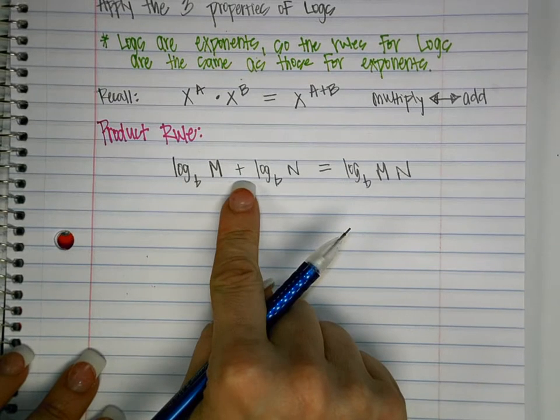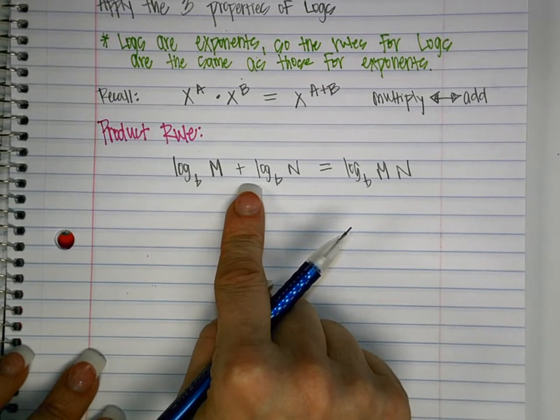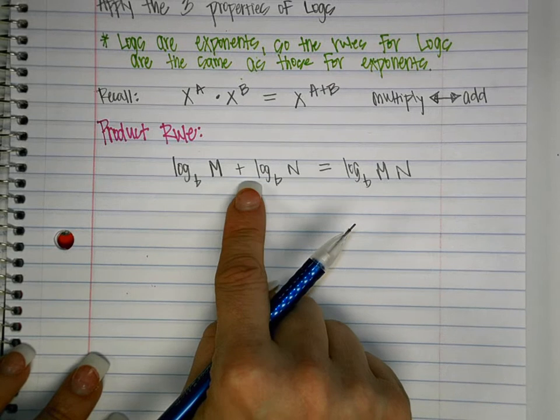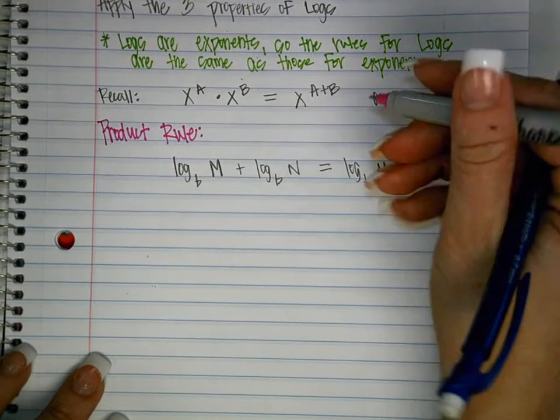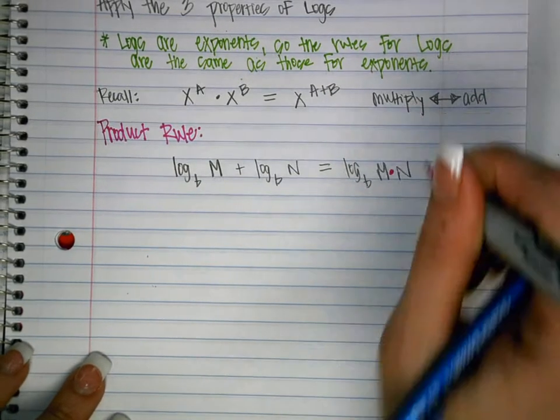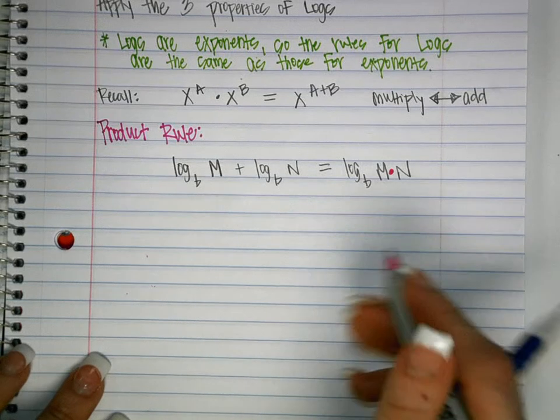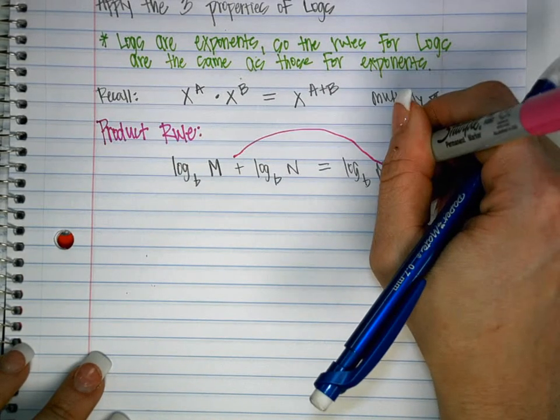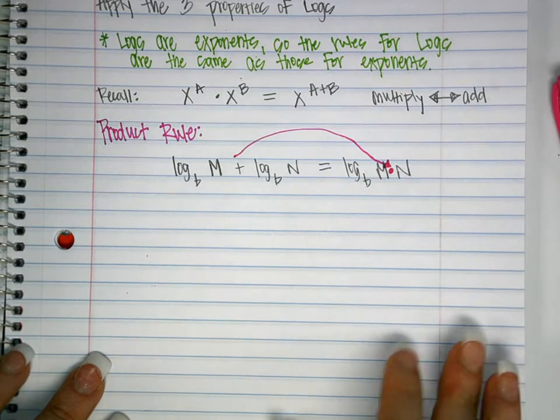Okay, so we're going to be dealing with condensing and expanding log equations today. An addition turns into a multiplication problem, essentially. Anytime you have an addition, it is going to be condensed to be a multiplication problem.